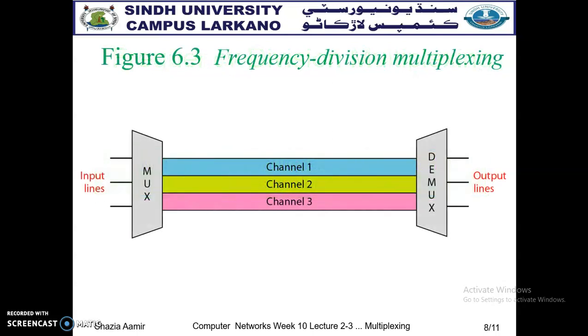Here we have a figure where a number of inputs go through the multiplexing device and transmit as a number of channels, then they combine and again pass through the demultiplexing device into the output of a number of channels.